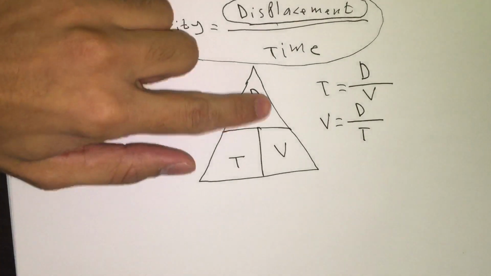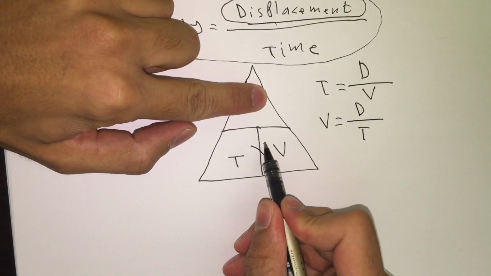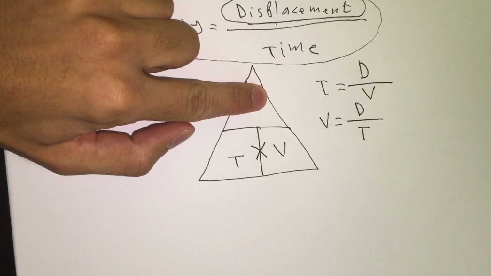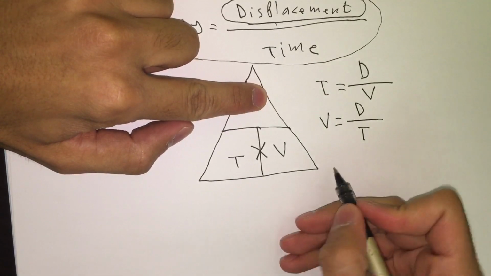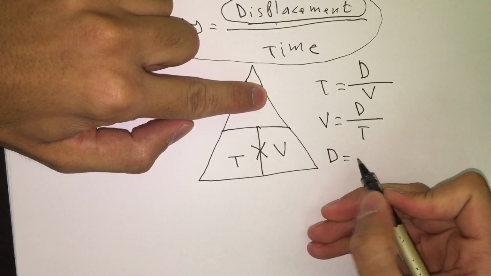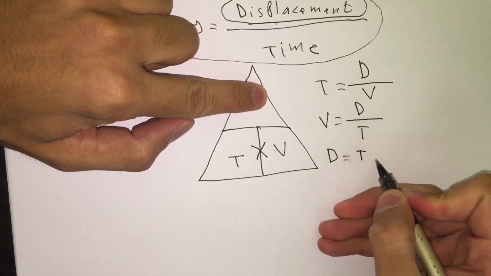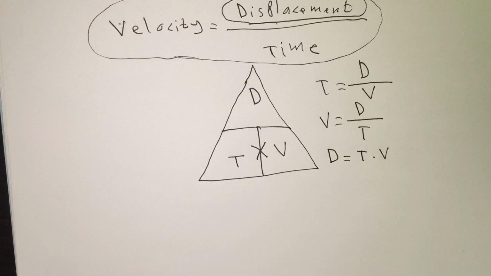If we want the displacement, we cover the displacement and we're left with time and velocity. So remember, this is a multiplication. We're left with time multiplied by velocity, which is this equation: d, or displacement, equals time multiplied by velocity. So that's how the triangle method works.